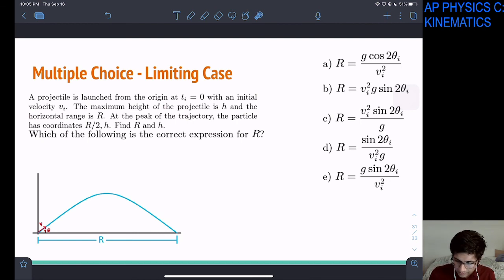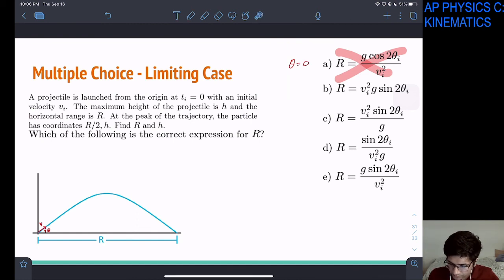But if we put in 0 here, the cosine of 0 is 1, so we end up getting g over v squared, which is non-zero. All of our other ones have sine, which give us a 0, but this one's going to give us a non-zero answer. So we know it's not going to be A. Definitely not going to be A, just because of the limiting case where we set theta equal to 0.